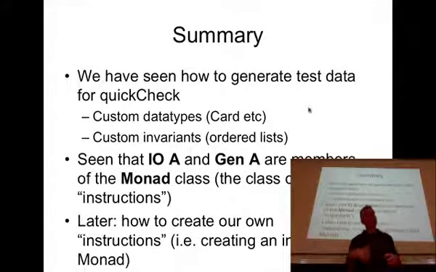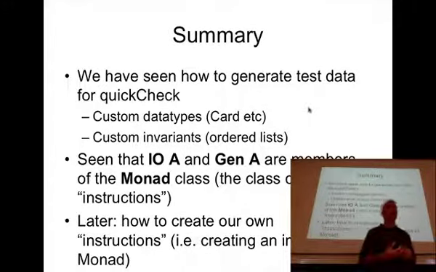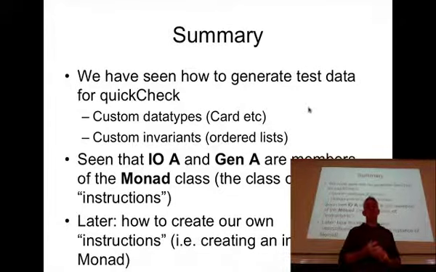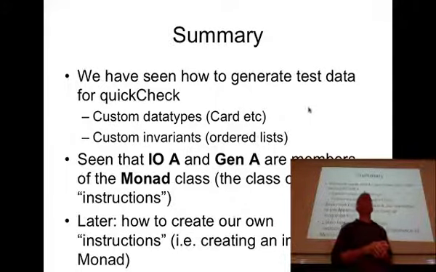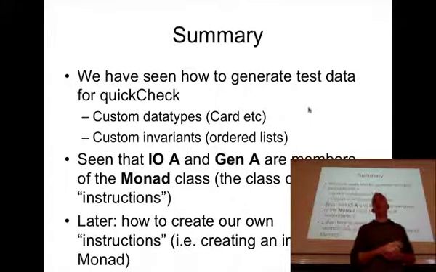And we've seen how to build instructions using the operators of the Monad class, do notation, return, and so on. And as a result, we've seen how to generate random data in various ways for our own data types. On the subject of data types, the next few lectures will be exploring a lot more, dealing with our own user-defined data types. That's all for today.